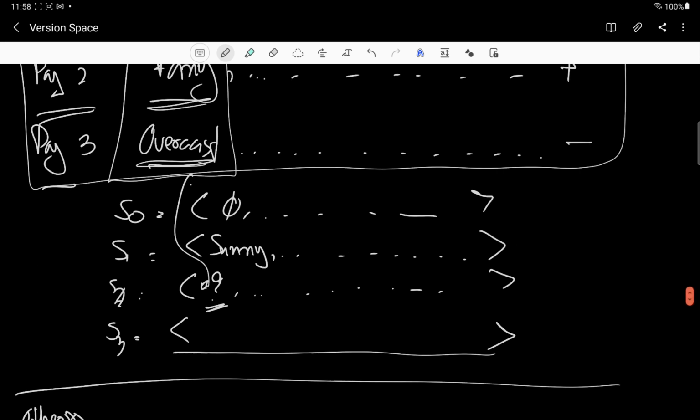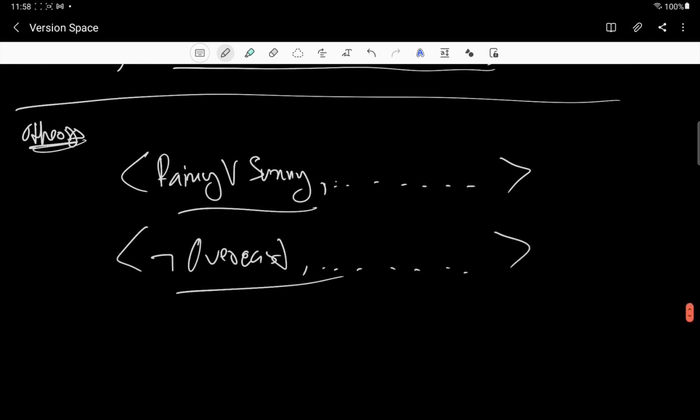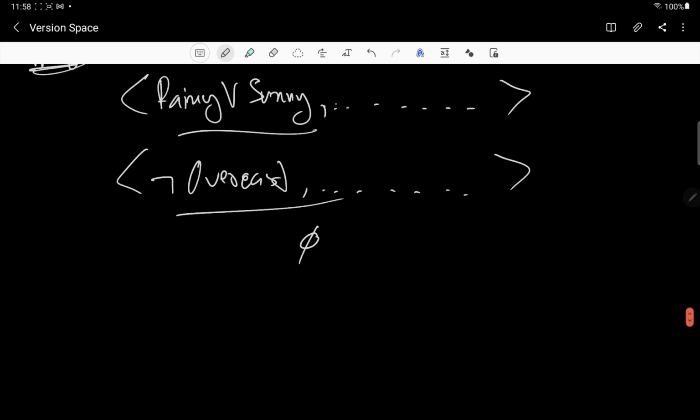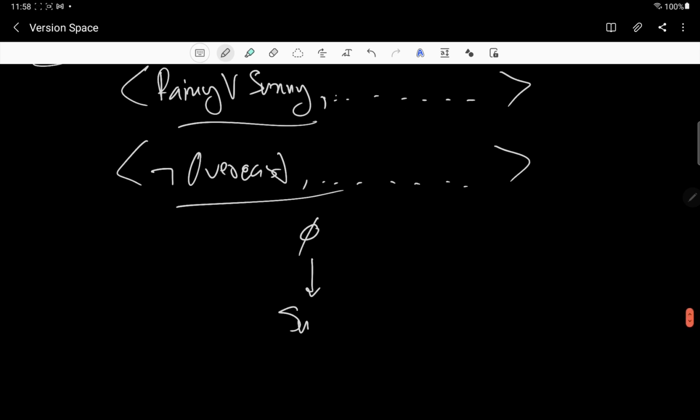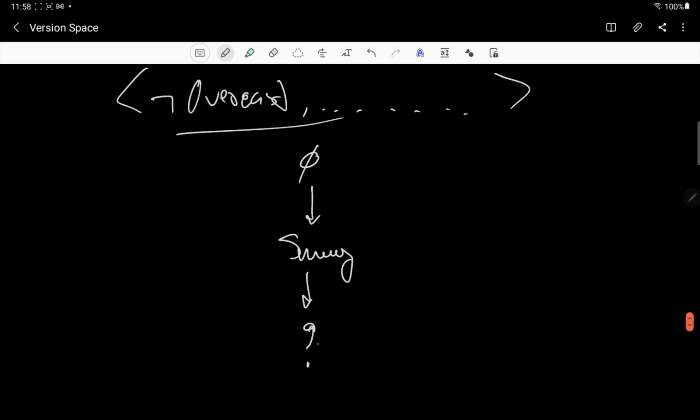Okay, so this is the bias and the constraint. Find-S starts from null to some values and to don't care. Of course, in this step it skips some sunny or rainy or not overcast, right?